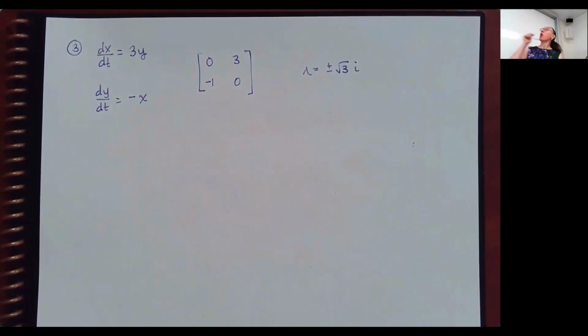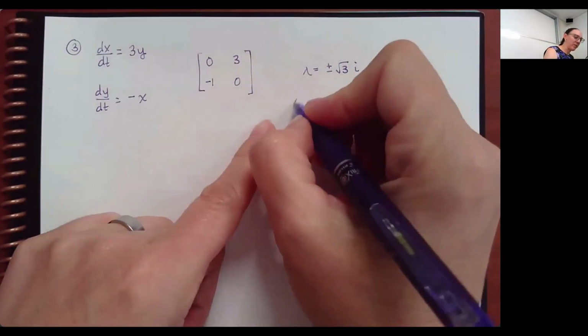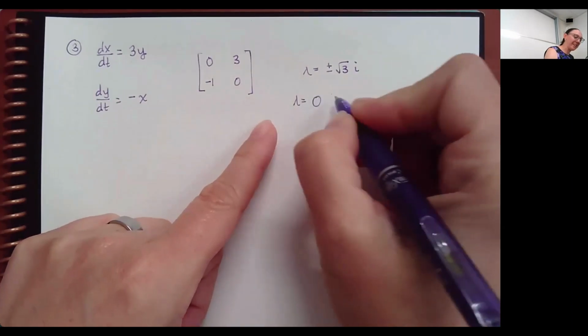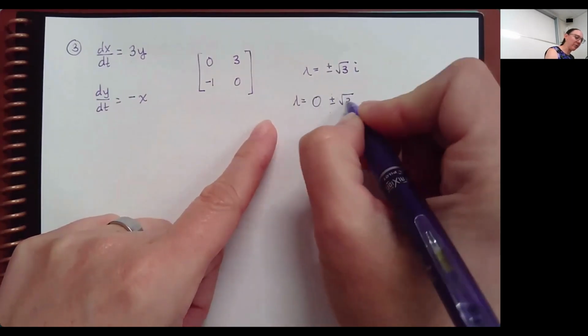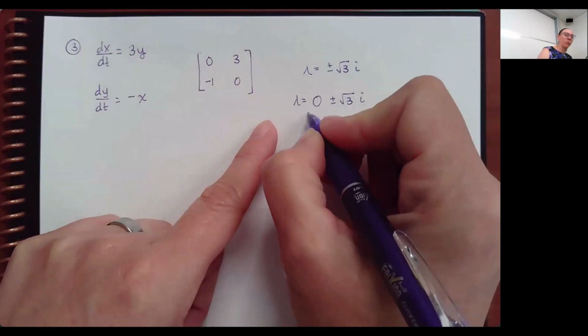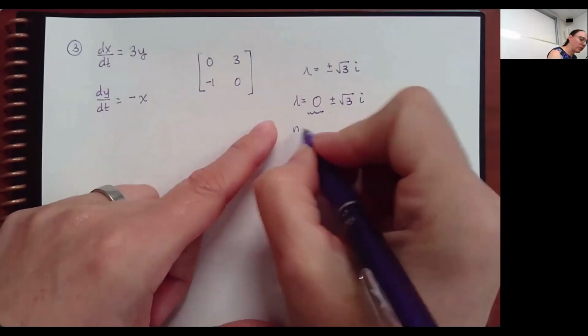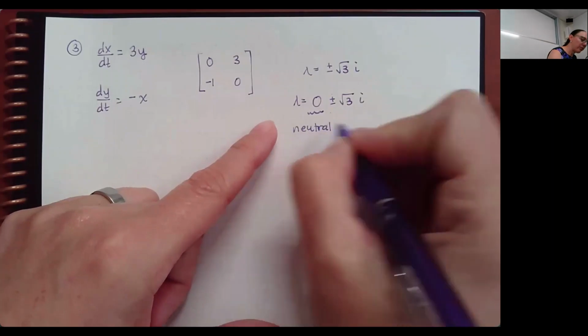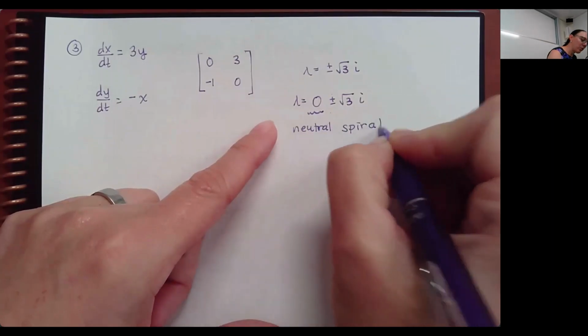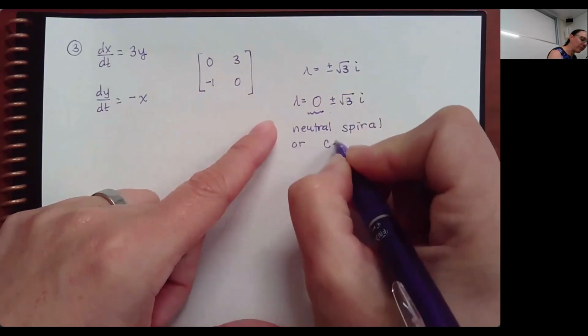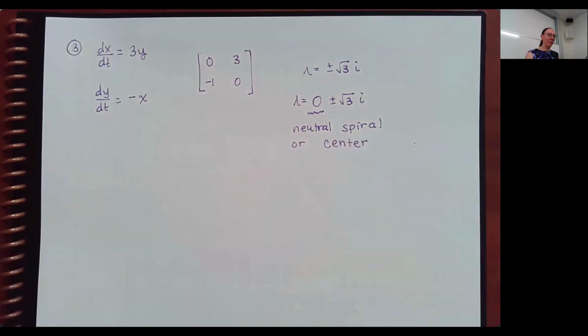So there's no real component this time in terms of the eigenvalues, meaning if I wrote this, it could be written as 0 plus or minus the square root of 3i. When that real component is 0, we call this a neutral spiral or a center. Now, what's going to happen when we have a neutral spiral or a center?